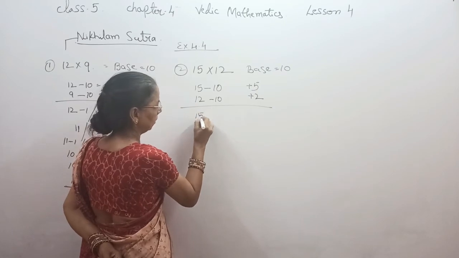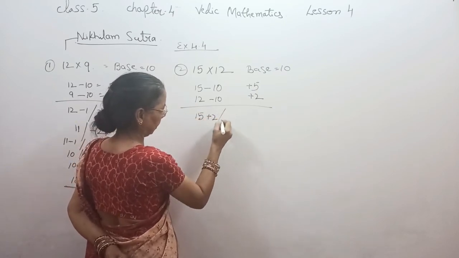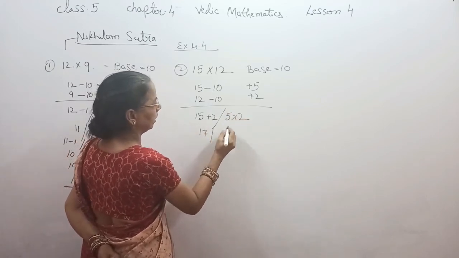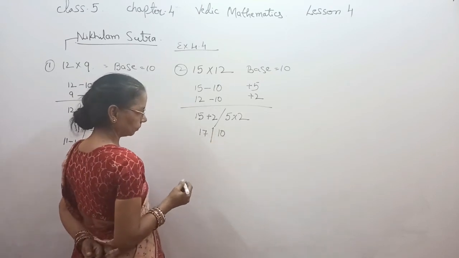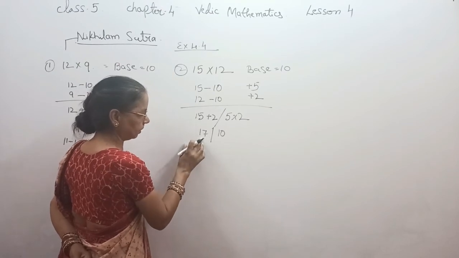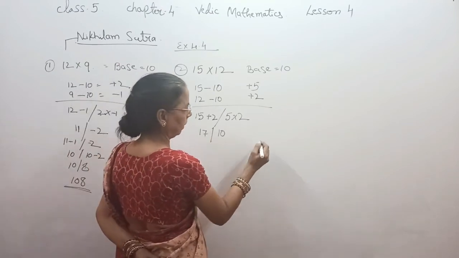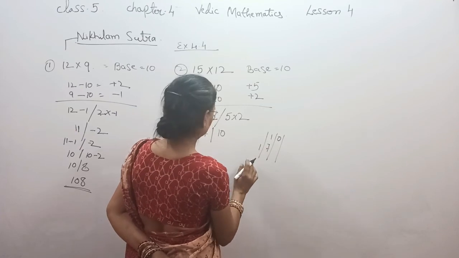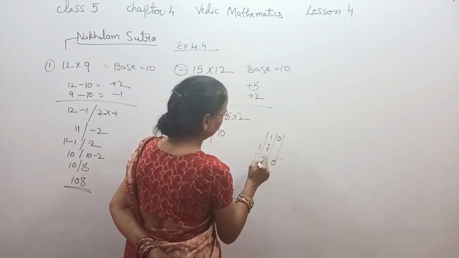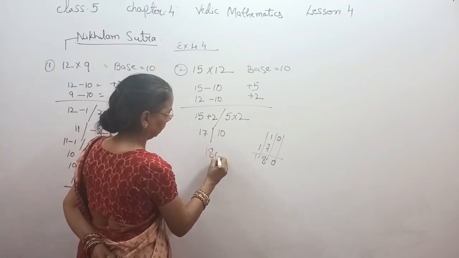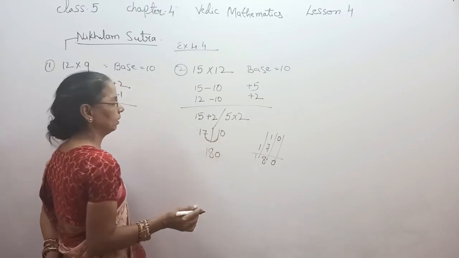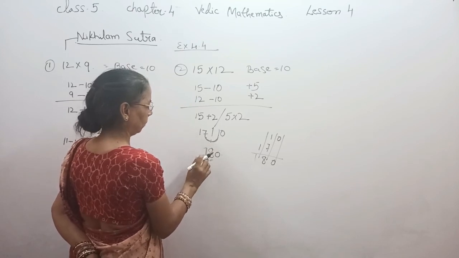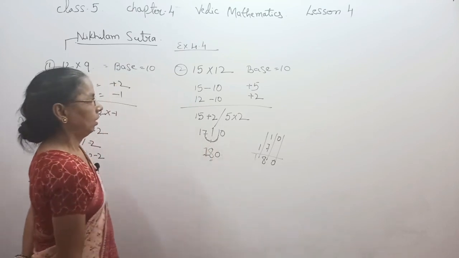Now 15 plus 2, slash, 5 into 2. 15 plus 2 is 17, slash 10. Here the base has 1 zero, so we take one digit on the right, then add in a slanting way: 10 and 17 gives 0, 8, 1. The answer will be 180.